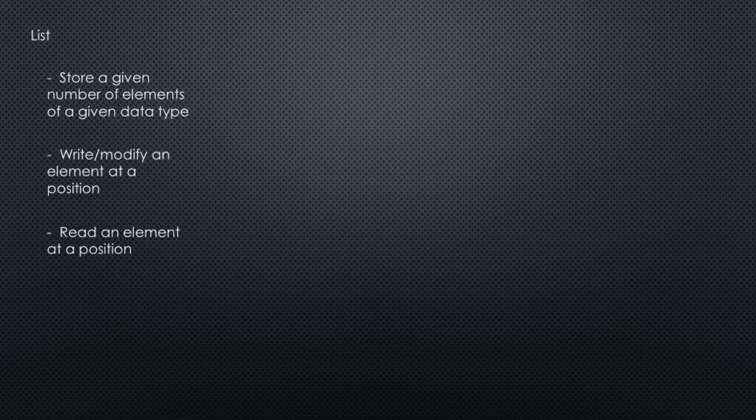So I ask you for an implementation of such a list, and if you've taken a course in programming, then you should be like, hey, I know this. An array gives us its features. All of these operations are available with an array. We can create an array of any data type.